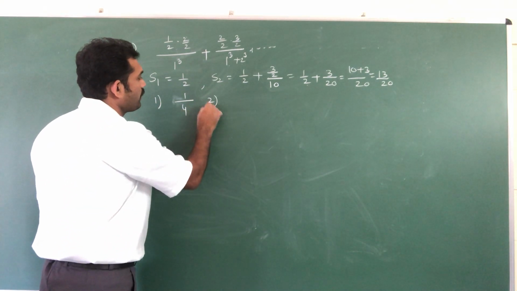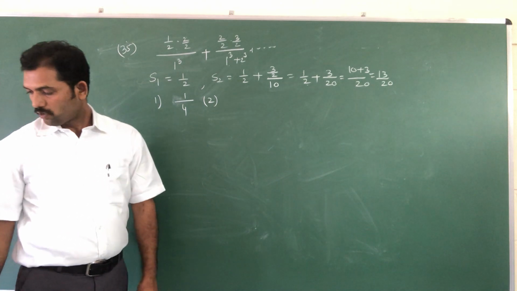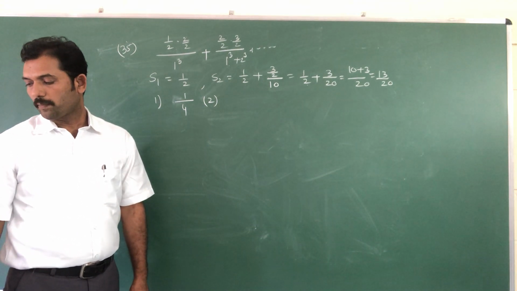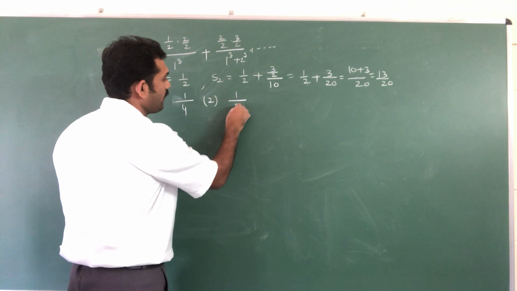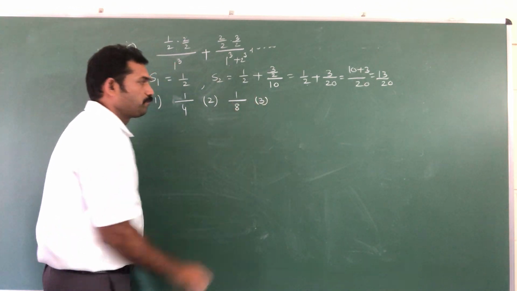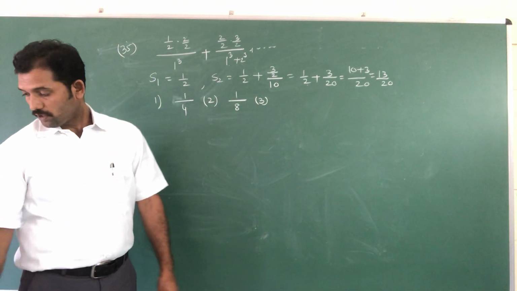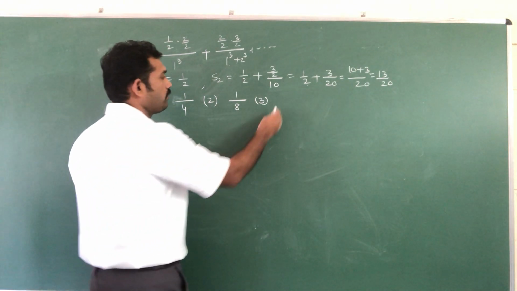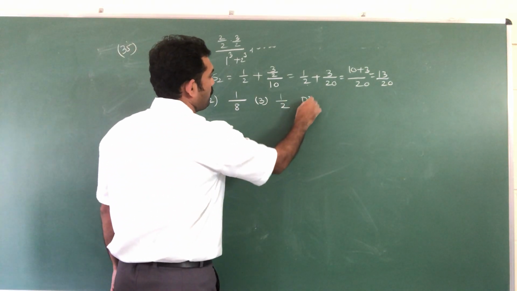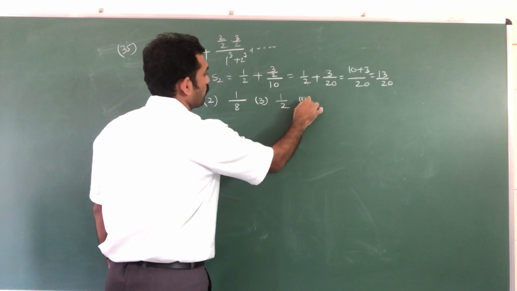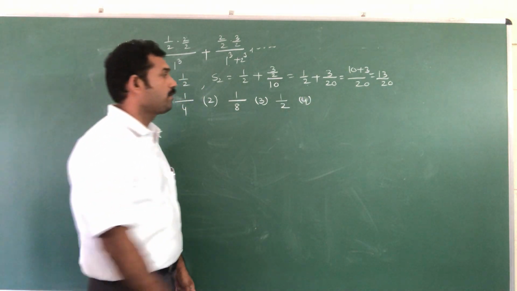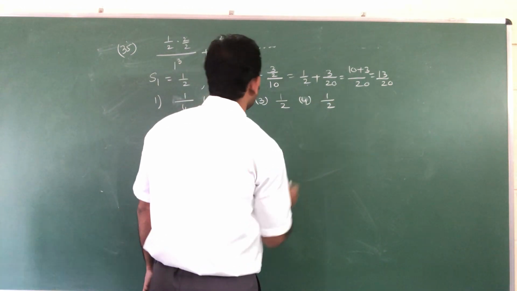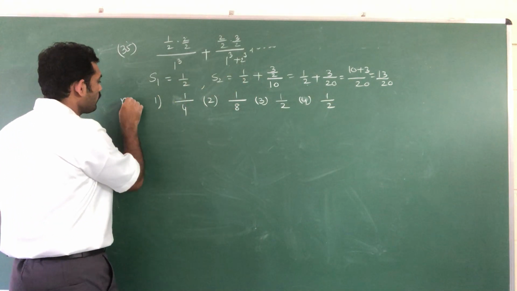Second option, n equal to 1 substituted, 1 by 2 cube means 8. Third option is 1/2, and option 4 is 1/2 also.